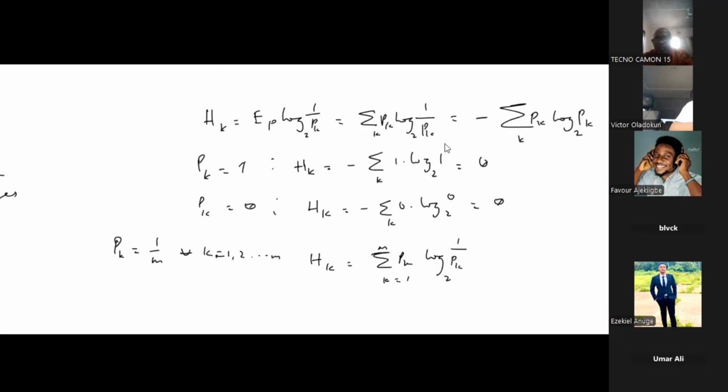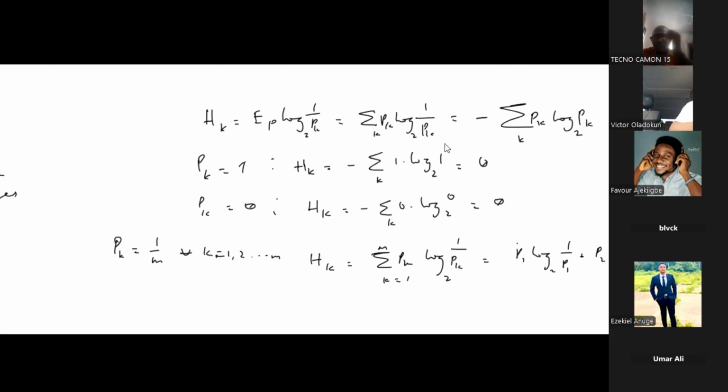If we spread it out, that will be p sub 1 log 1 over p sub 1 base 2 plus p sub 2 log 1 over p sub 2 base 2 plus all the way to p sub m log 1 over p sub m base 2.